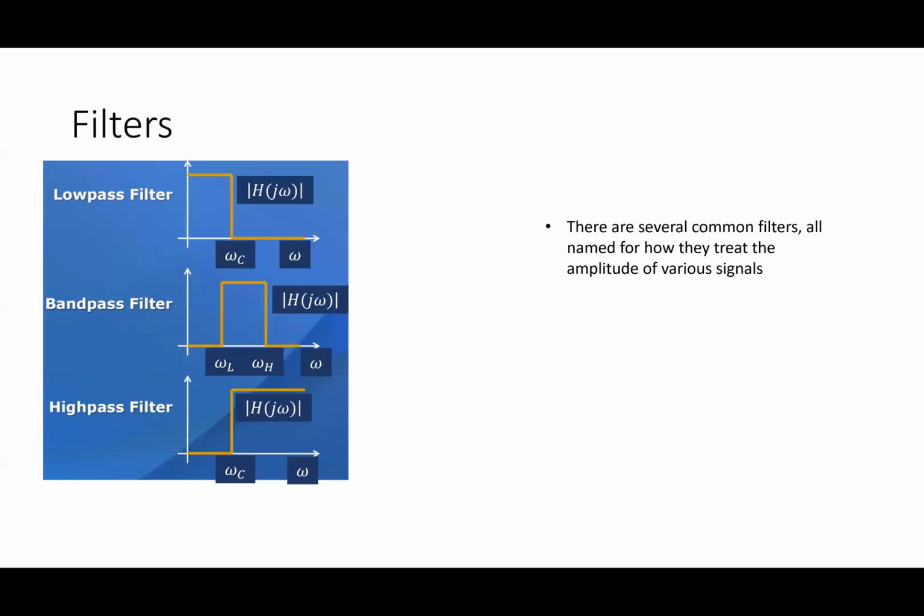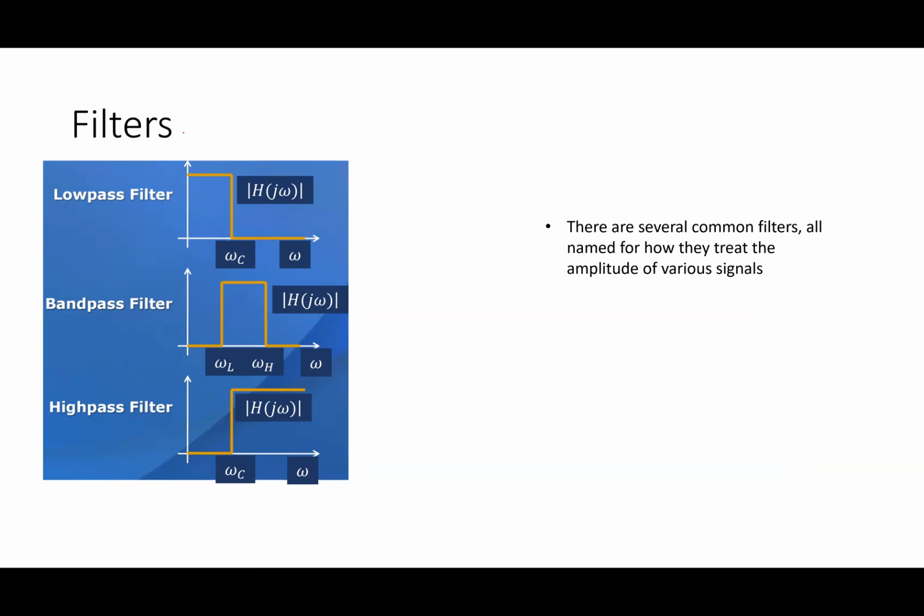And we have kind of a basic dictionary, if you will, of filters that we deal with. Most of the time, we deal with the low pass filter and the high pass filter. This is the general way that we define these things: low pass, band pass, and high pass. We've given the standard definition.